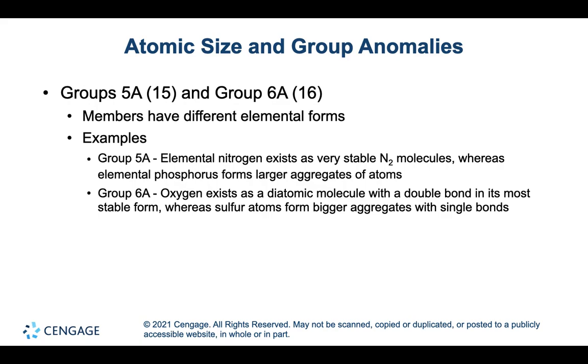N2 is really the only stable way that we find nitrogen, but phosphorus has many allotropes, or different ways that phosphorus can bond to form larger aggregates like P4 and other arrangements of phosphorus atoms in the pure element form. We have different allotropes which actually have different colors. There's white phosphorus, there's red phosphorus, there's yellow phosphorus, and they have different chemical properties because they bond differently.